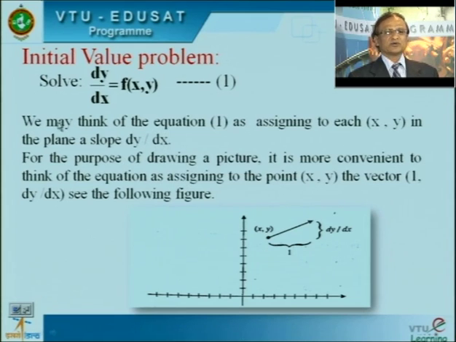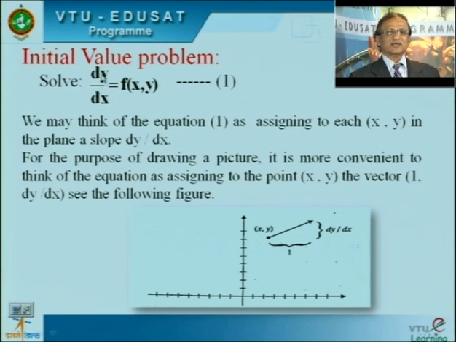Now I want to introduce one more term, initial value problem, because I am going to solve a second order initial value problem using the fourth order Runge-Kutta method. First I should know what an initial value problem is and what the initial conditions are. If I know these things, I can very easily find the solution of a differential equation using the fourth order RK method.